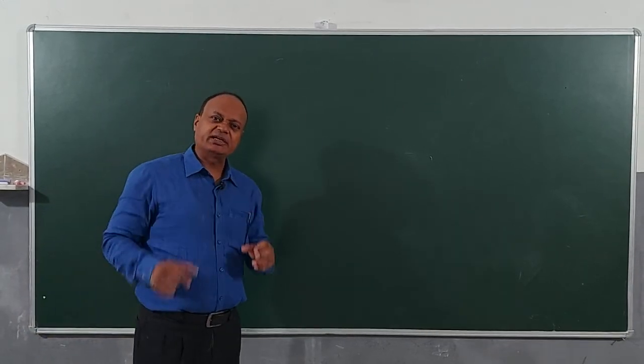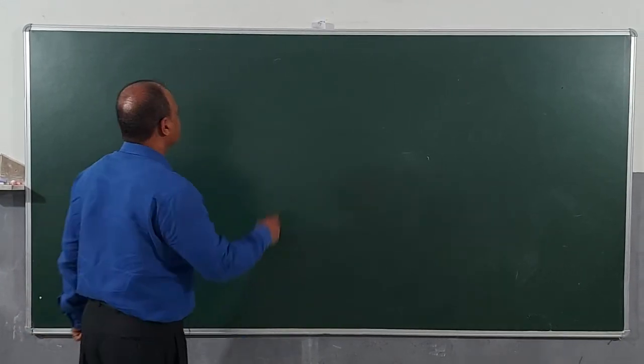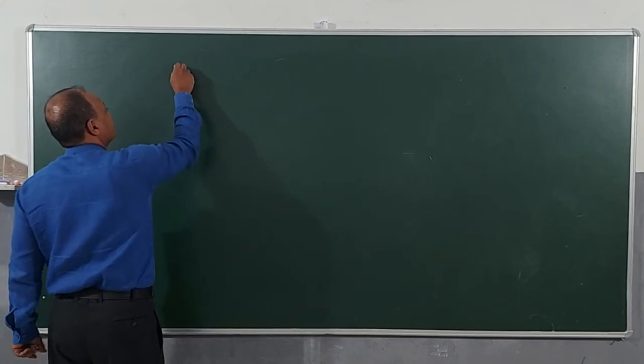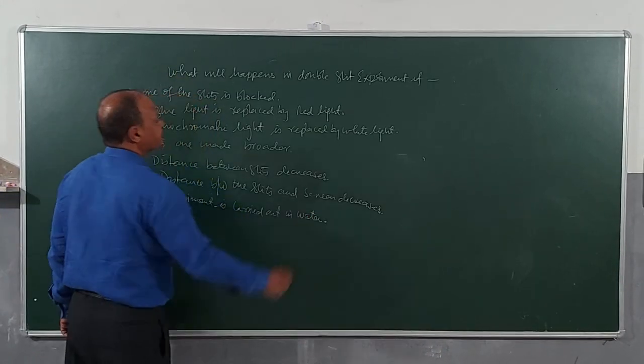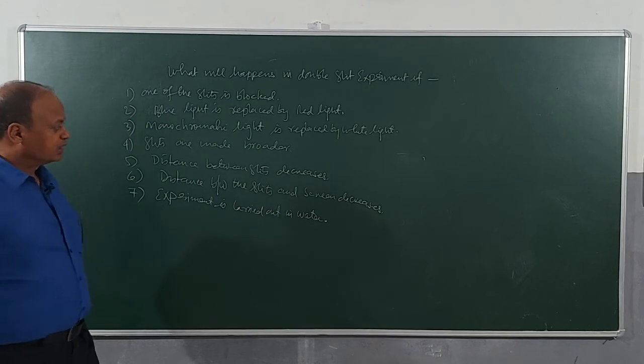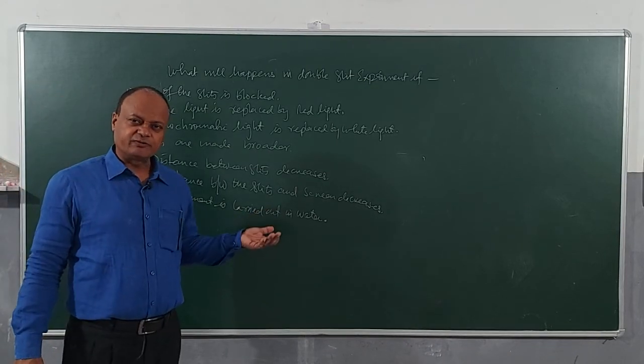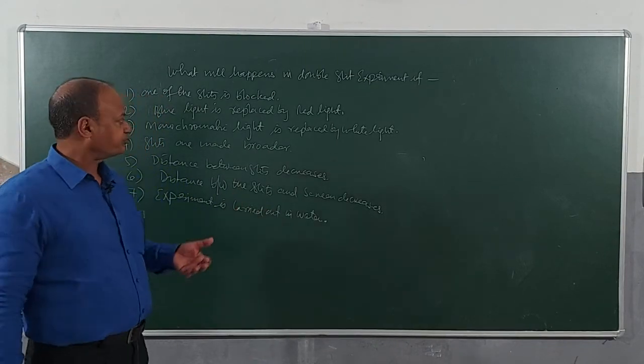So how will we crack this kind of question? Let us see. Now here we have some of the factors. You can modify yourself also, you can add more conditions.